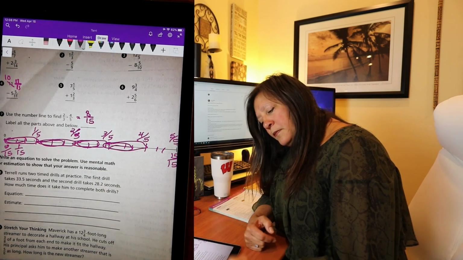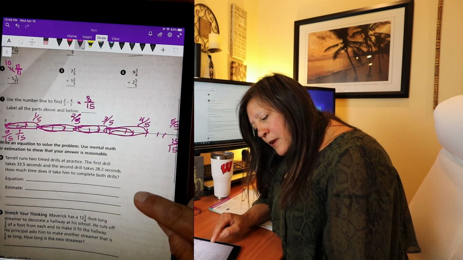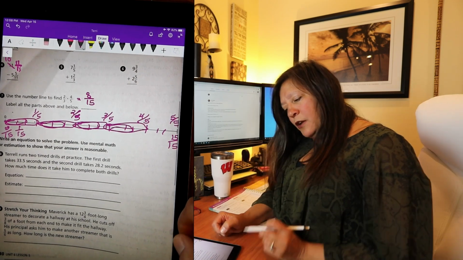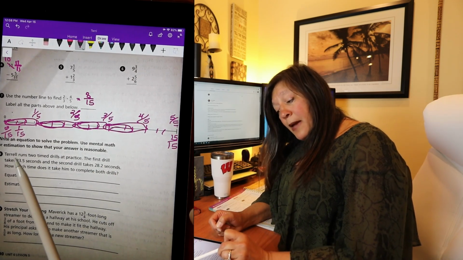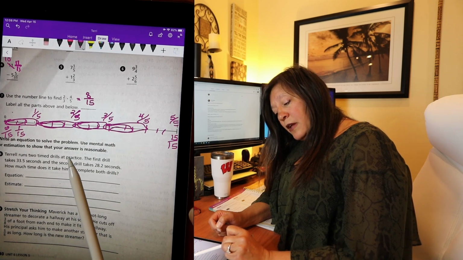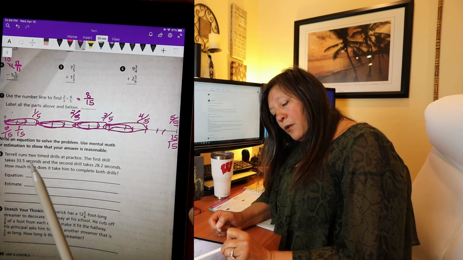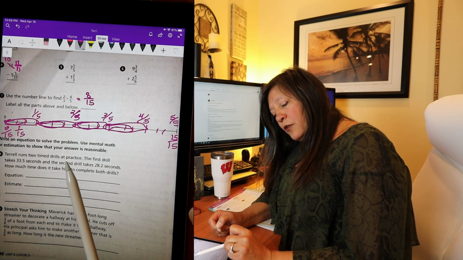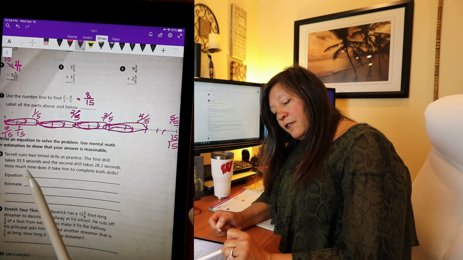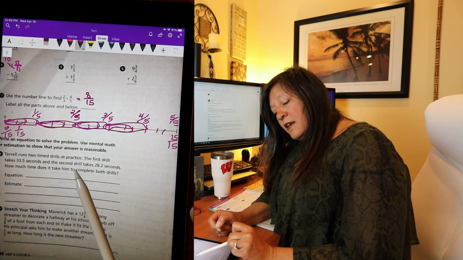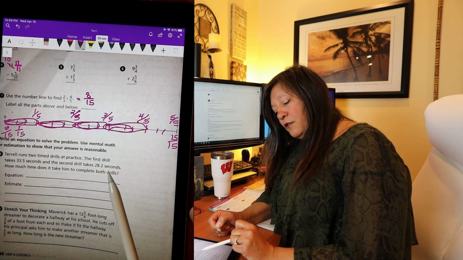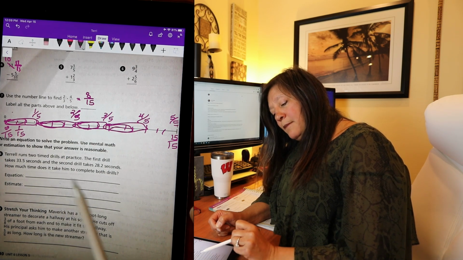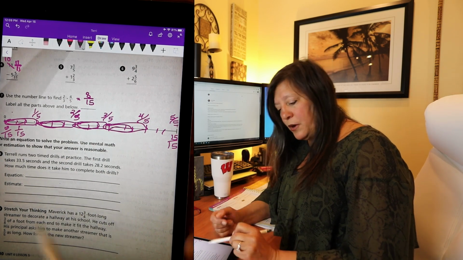Okay? All right, let's go ahead and read number 8 here. Write an equation, solve the problem using mental math or estimation to see if your answer is reasonable. Terrell runs 2 time drills at practice. The first drill takes 33.5 seconds. The second drill takes 28.2 seconds. How much time does it take him to complete both drills?